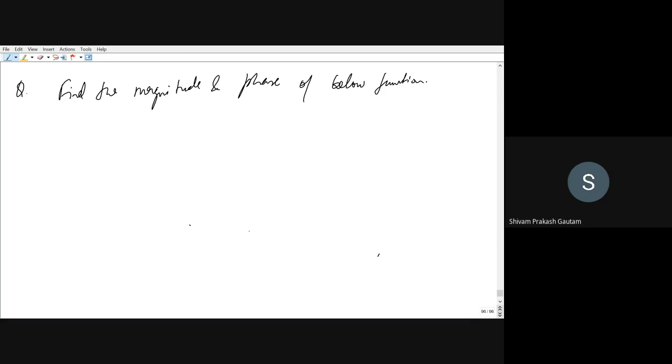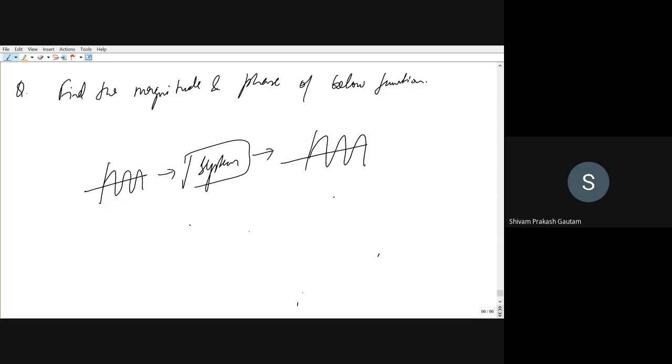We all know that we are right now dealing in the frequency domain, and it is called frequency domain analysis. In this analysis, right now we are seeing the polar plot, and we know if you provide a system with a sinusoidal input having certain frequency and phase, it will provide you a sinusoidal output, but the amplitude might be different.